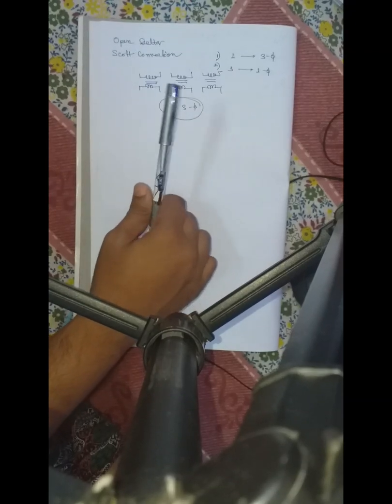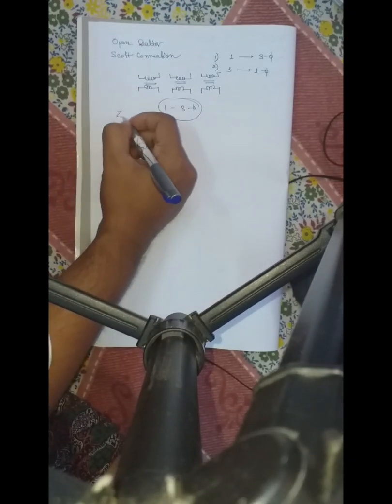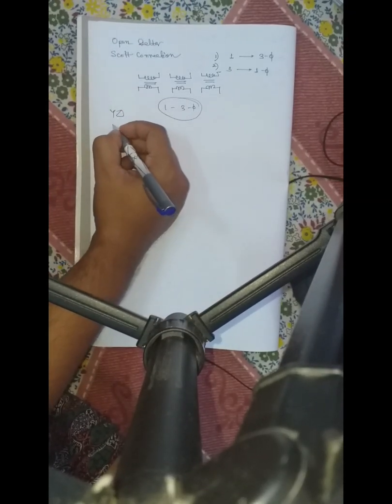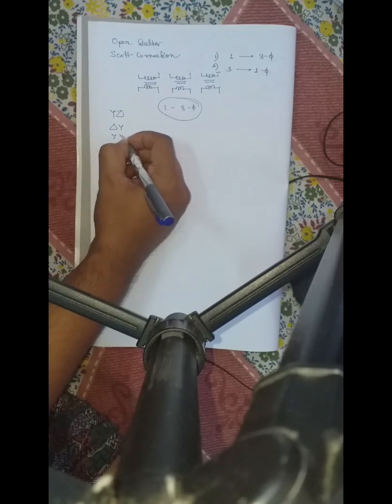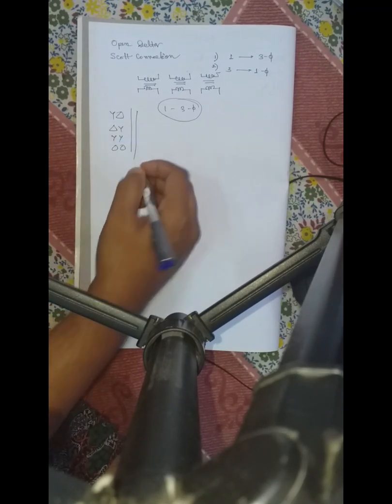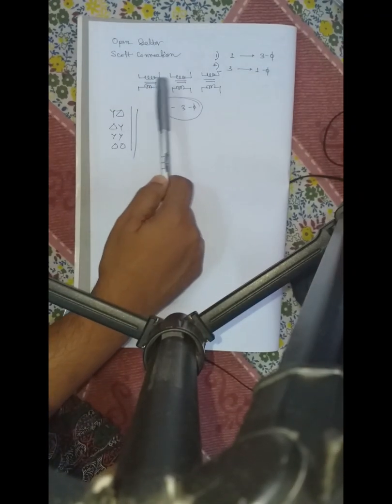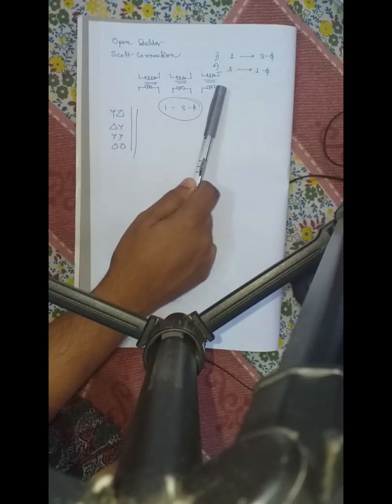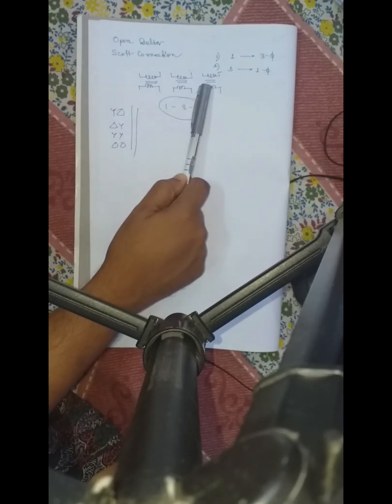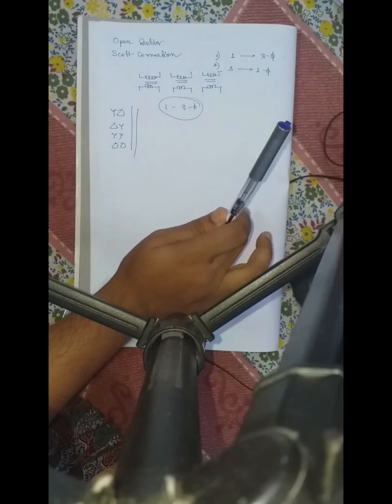In your laboratory class, when we design star delta, delta star, star star, delta delta connection, we use three single phase units, combined to form one three phase unit.